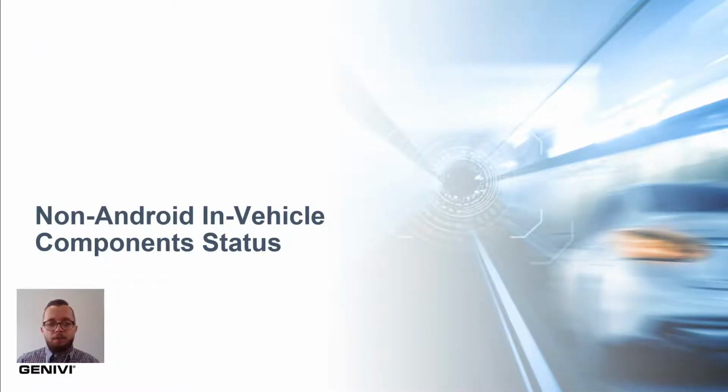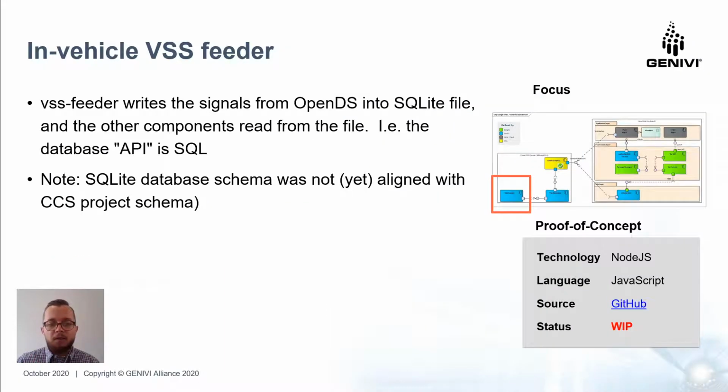Okay, so let's proceed with the components that are planned to exist outside Android, because we have some. Like this VSS feeder component, which is responsible for supplying the data server with the actual data. In our case, it writes the signals from the OpenDS simulator into the SQLite database.